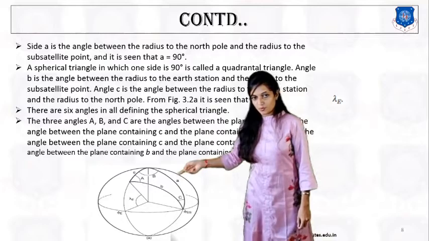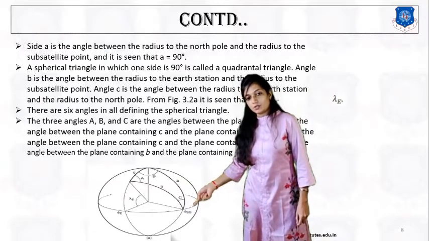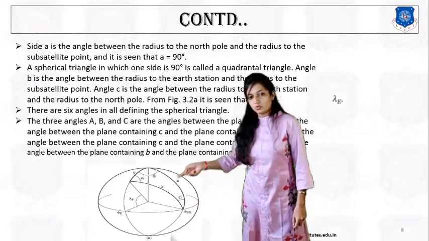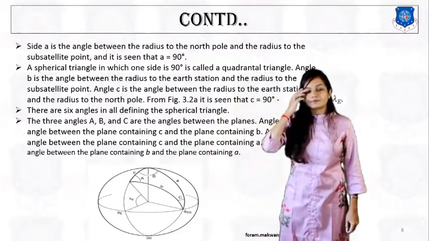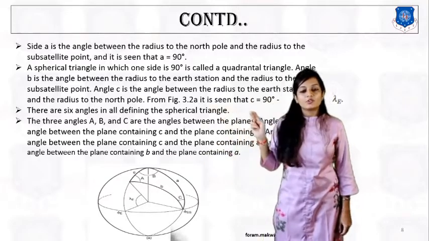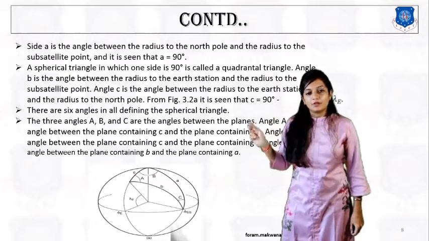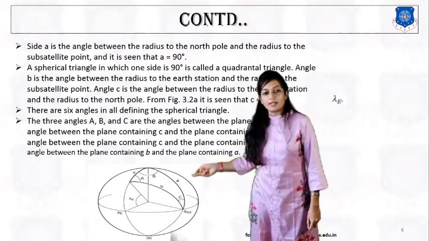This is small a. Okay, this is the radius to the sub-satellite point to the radius to the north pole. Second, we are going to consider small b, but from this diagram we are able to estimate that the value of small a is 90 degrees.